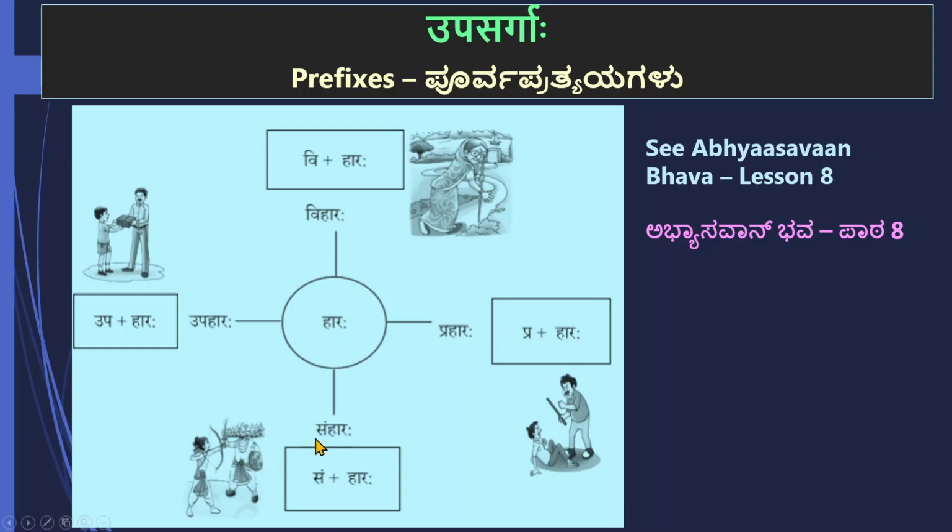And if you add the upasarga sam to hara, it becomes samhara, means killing somebody. Rama killed Ravana. You can see the Abhyasavan Bhava lesson 8 for an introduction to upasargas. Upasargas here are vi, pra, upa and sam upon the one word called hara, which gives so many different meanings. When you add upasarga, the meaning itself can get changed. So this is the upasarga.